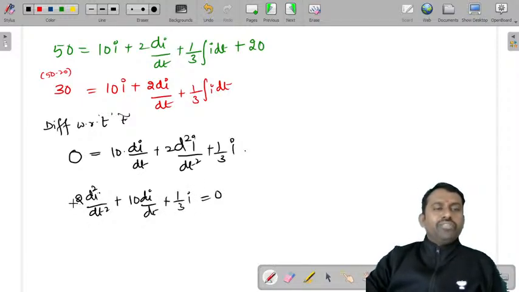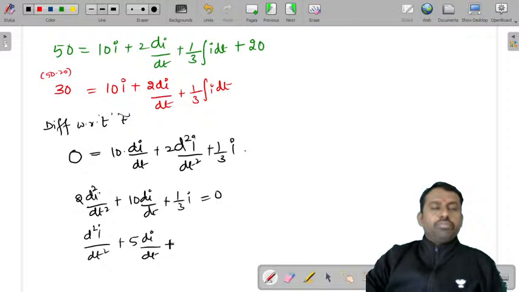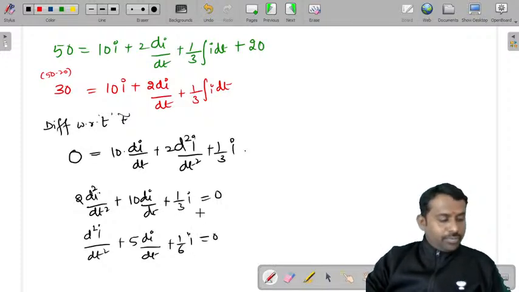I want to make the coefficient of the higher order term 1, so I am writing this as d square I by dt square plus 5 di by dt plus 1 by 6 into I is equal to 0.